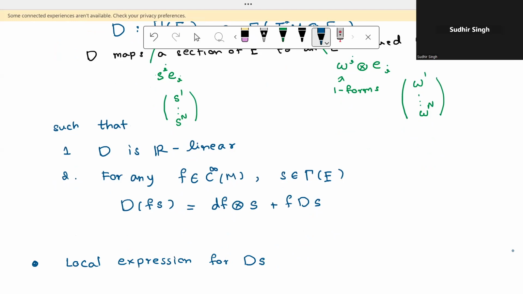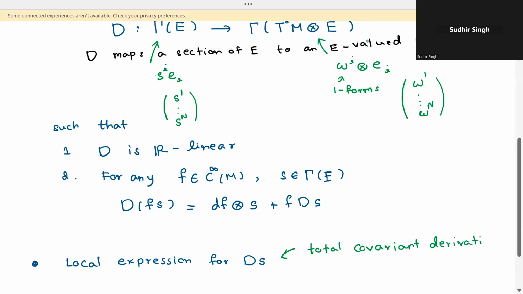This E-valued one form here is called the total covariant derivative of s.